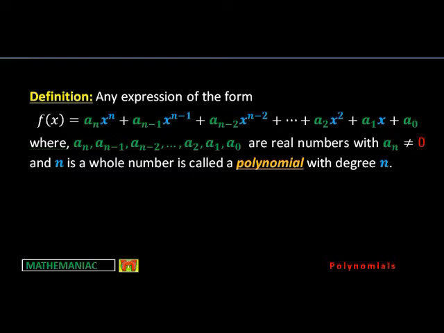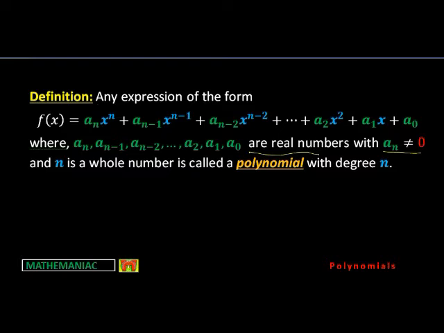Remember that a_n, a_(n-1), etc. are all real numbers, and these are the coefficients. The coefficient of x to the power n is known as the leading coefficient, and it should be non-zero.